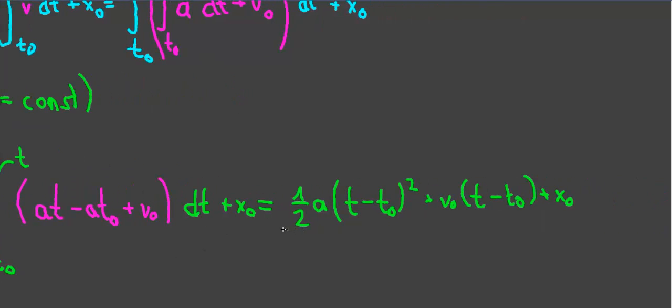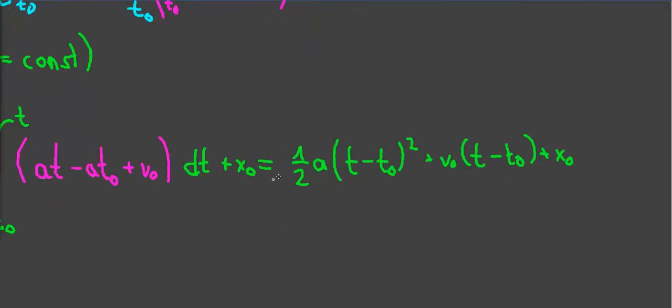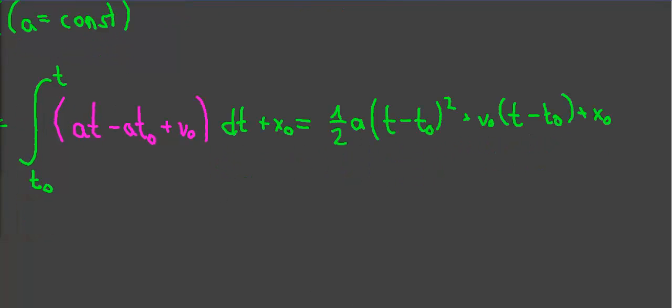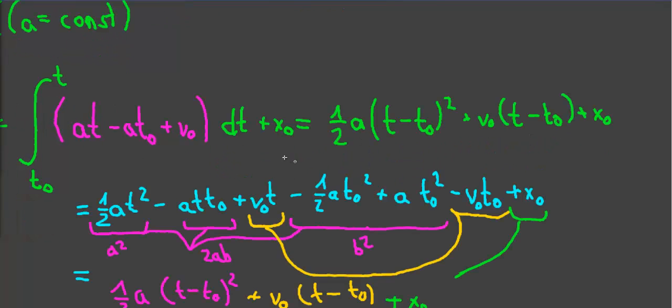Now, if we integrate, we get this formula. I'm not showing you the step in between these two steps, because it's quite difficult. If you just integrate with respect to t and then add the x0, it comes out. If you want to do it step by step, follow me, because I have written down how it looks.